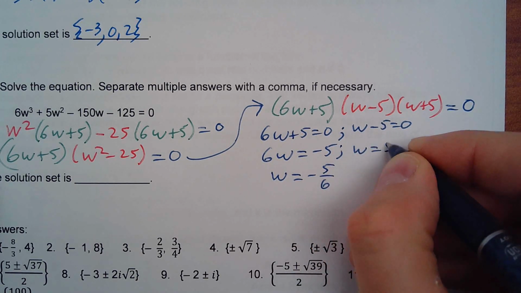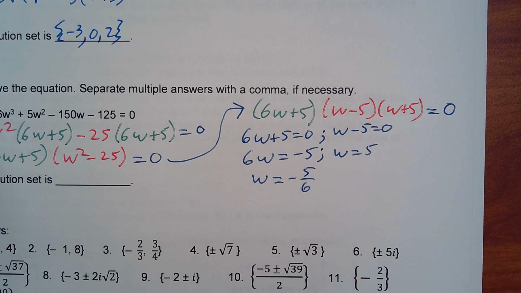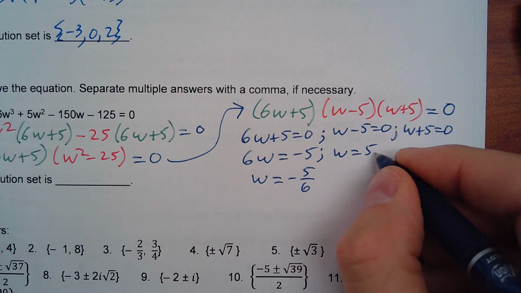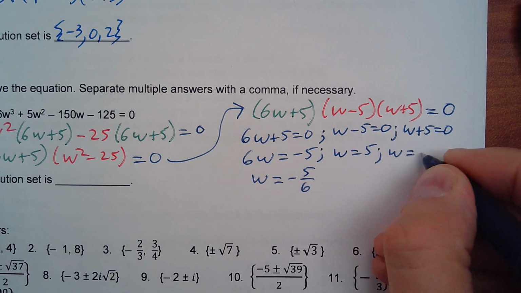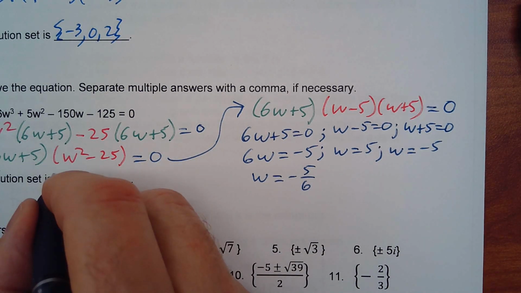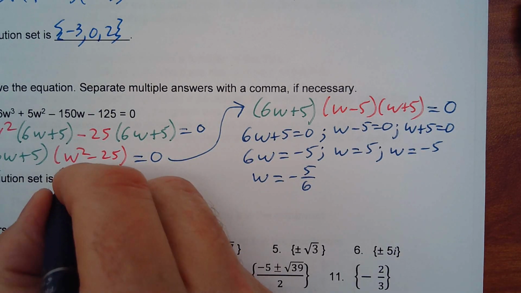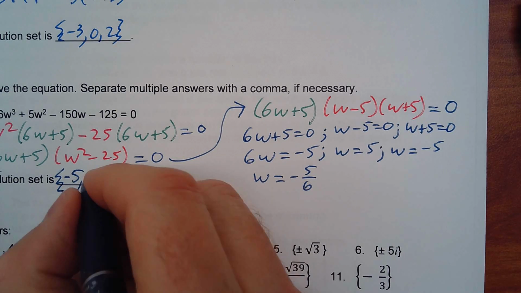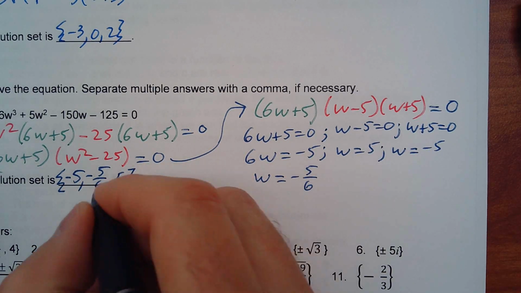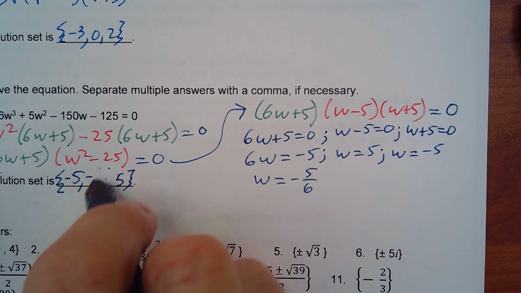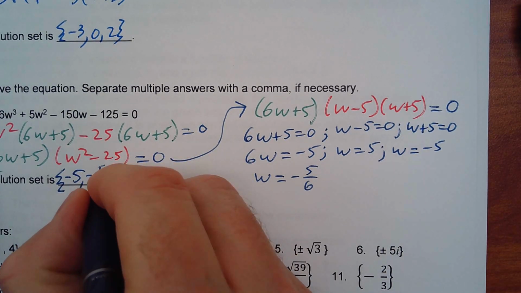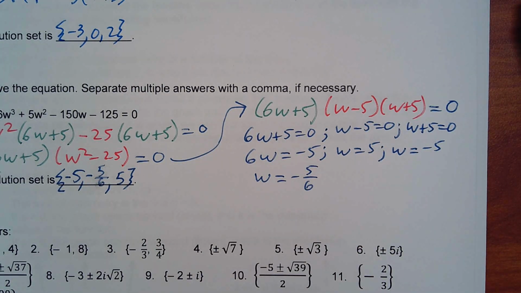That gives us w equals 5. And for the last one, we have w plus 5 equals 0. I'm going to take away 5 from both sides. That gives us w equals negative 5. And then I'll put our solutions from smallest to largest. So negative 5, negative 5 over 6, and positive 5. So those would be our solutions.